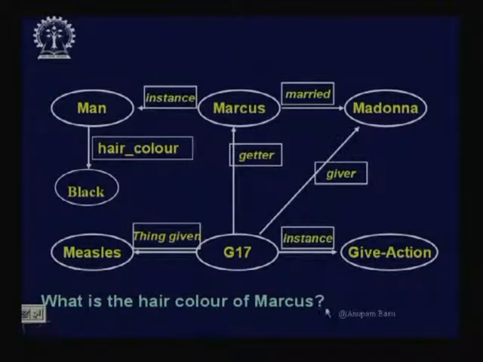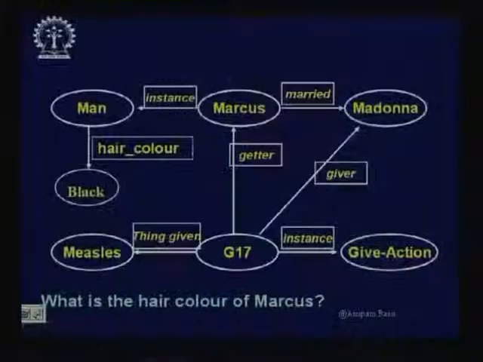Now, if in this case we want to answer the question, what is the hair color of Marcus? Obviously, the query net will be Marcus with an edge hair color X, which we do not know. Now, we try to match with this, I make Marcus my current node. No arc is coming out of Marcus with the relation hair color, but there is instance or subclass.